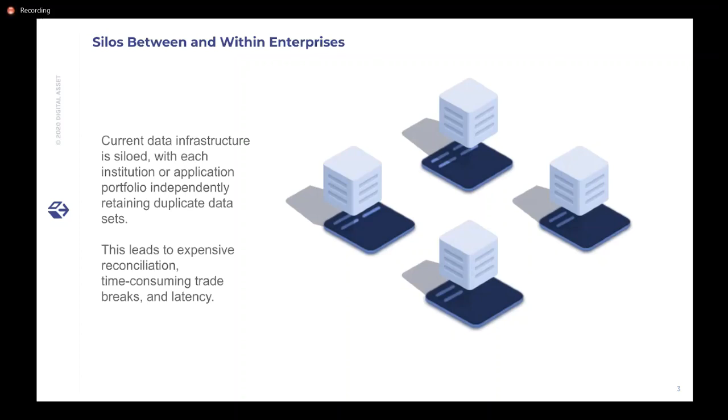And traditionally, each of these enterprises have maintained their own data silos, exchanging information through various methodologies like APIs and file transfers and all of that stuff. That leads to expensive reconciliation procedures that have to be done continuously, sometimes on a real-time basis. Obviously, it leads to multiple latencies as well as customer experience issues.